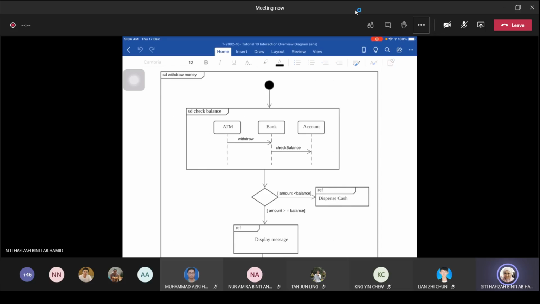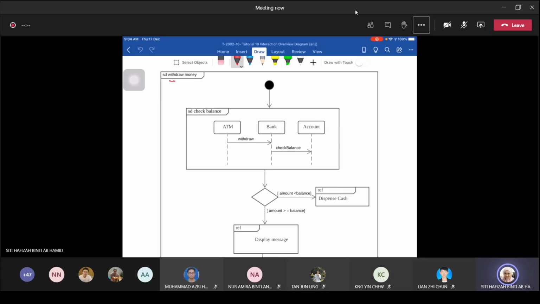So, what you can see from here, since the question is not really that detailed, for example, the name of the sequence diagram is not mentioned there, so you can have anything, right?